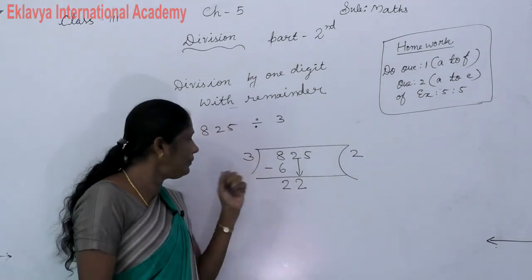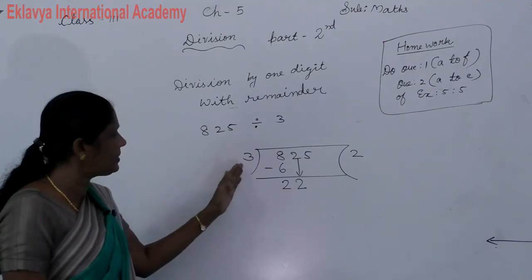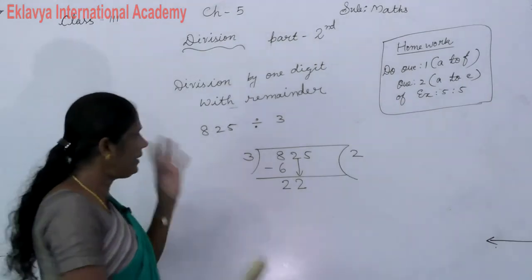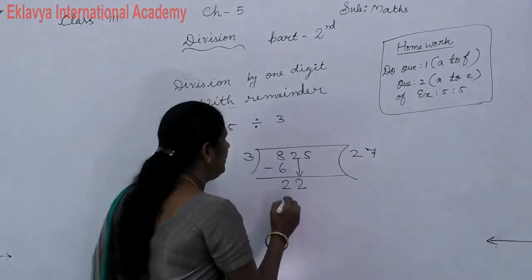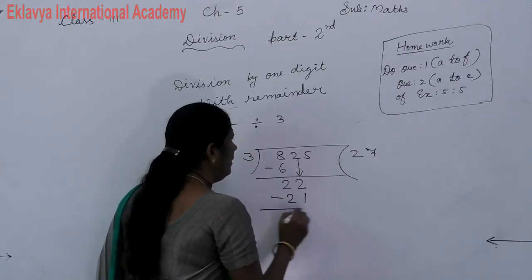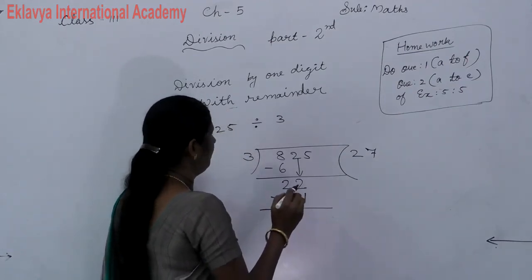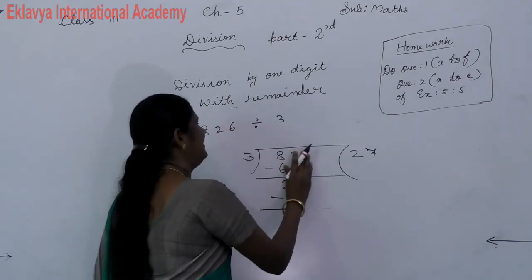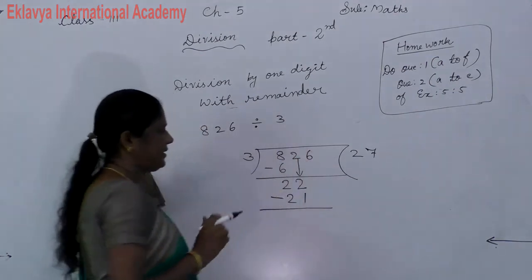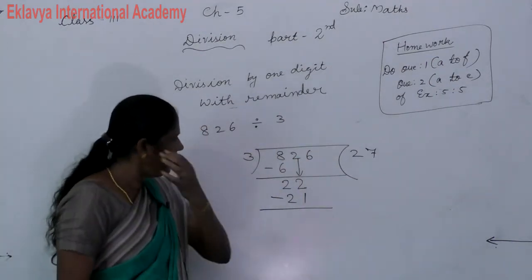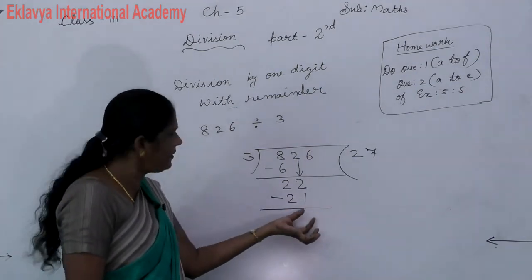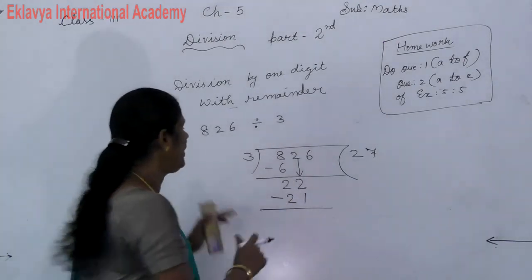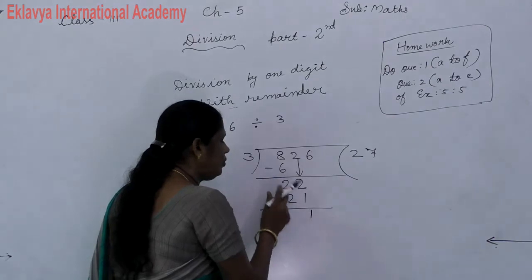Then the table of 3, how many times come in 22? 7 times. Then 21. This number we change here, with the remainder we change. Now you subtract this. 1 take away from 2, you get 1. 2 take away from 2, 0.